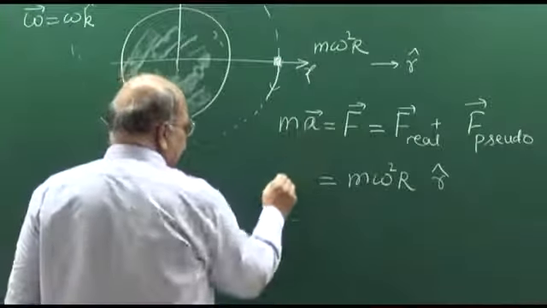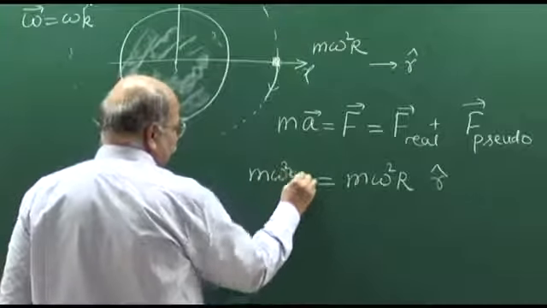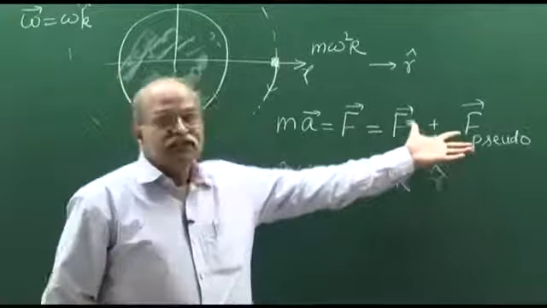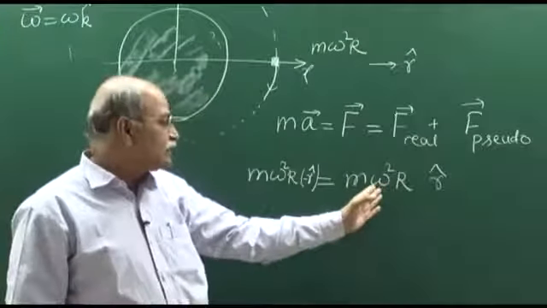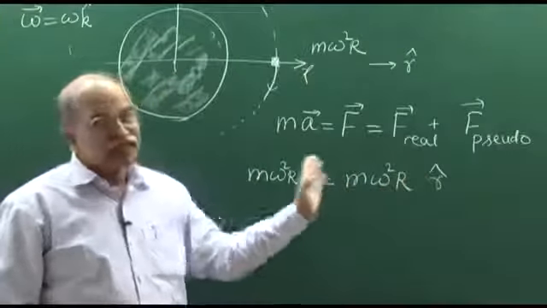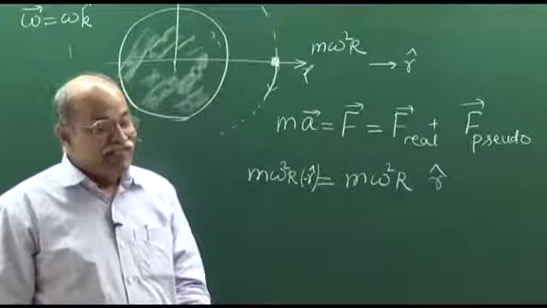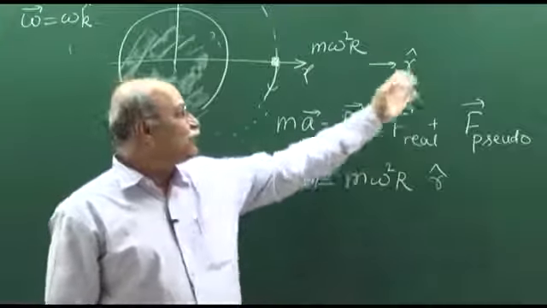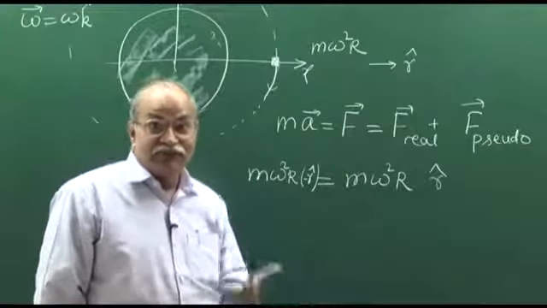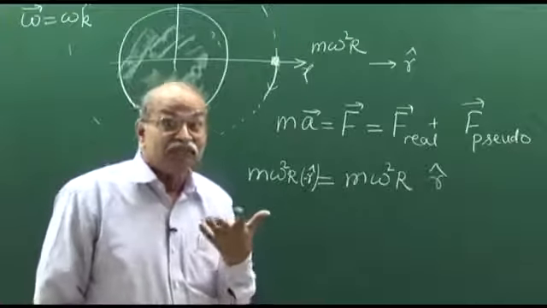So, this m a is m into omega square into r, and that is in the minus r cap direction, whereas on this side the total force including pseudo force is this much, which is in the plus r cap direction. So, that means we are still missing some pseudo force. There are more pseudo forces. Even after taking centrifugal force, our equations are not satisfied. So, that means in a rotating frame, together with centrifugal force, we need some more pseudo forces.